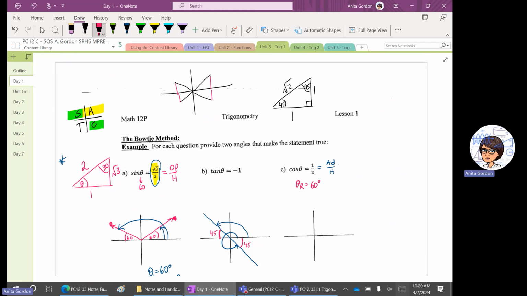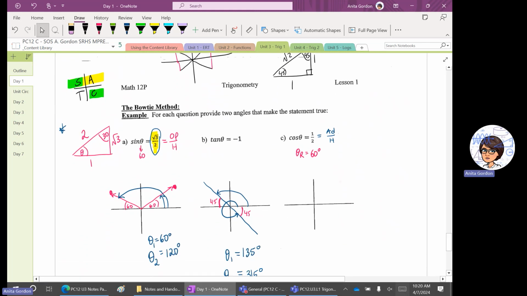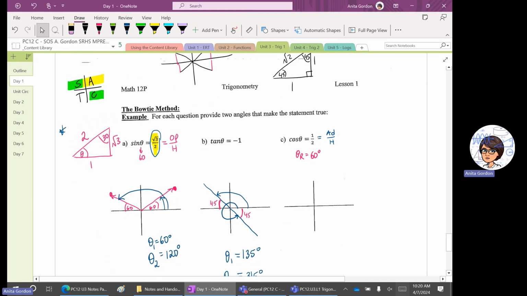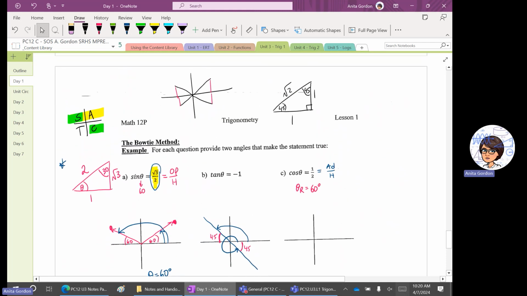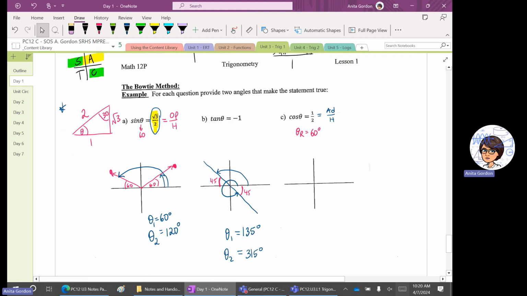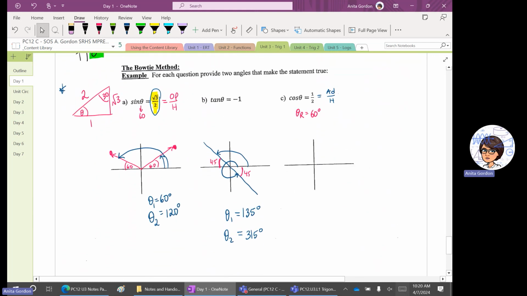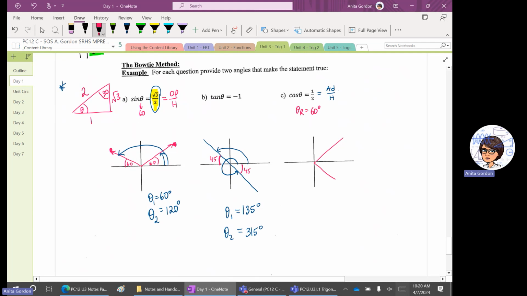60 degrees is 1/2. Okay, if my reference angle is 60 degrees, my cosine here is positive. So that means I'm looking for something here and here where it's 60 and 60. Right?